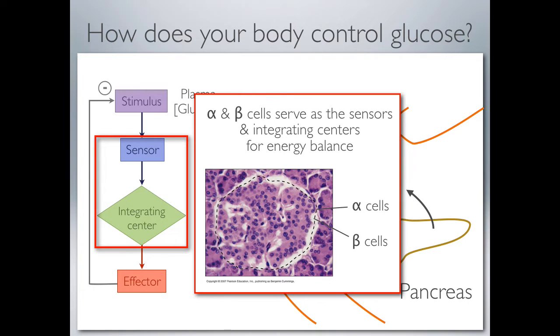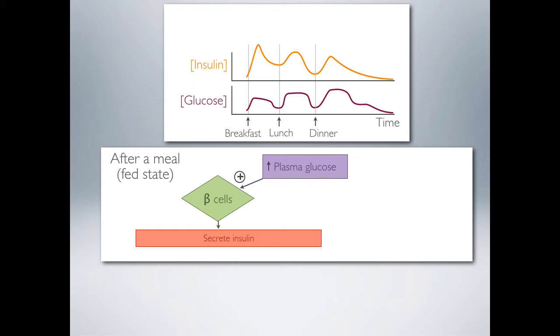Some folks already knew that the pancreas was a really important organ. The pancreas features alpha and beta cells, which function as both sensors and decision-making centers, that is, integration centers for energy balance in the body. So with that in mind, we considered the example of the control of glucose.